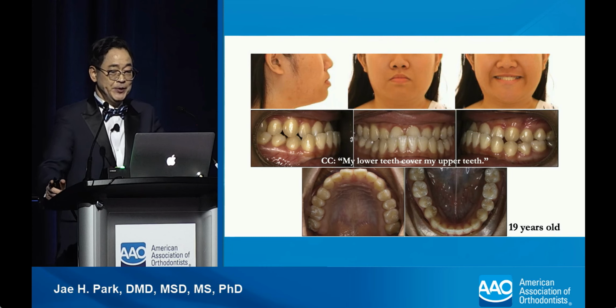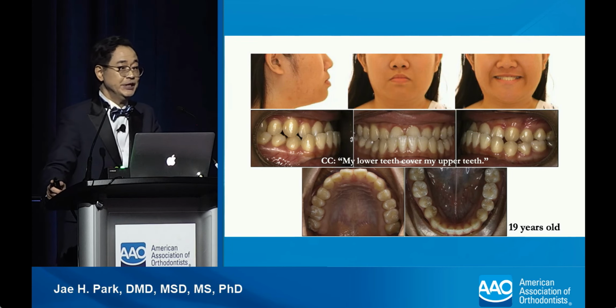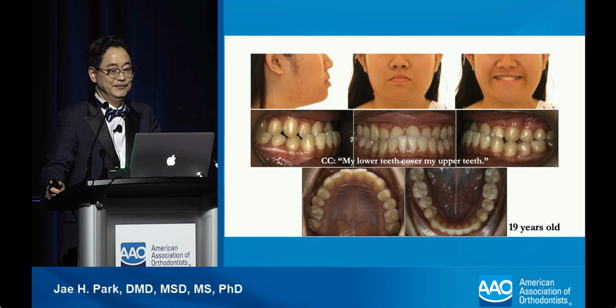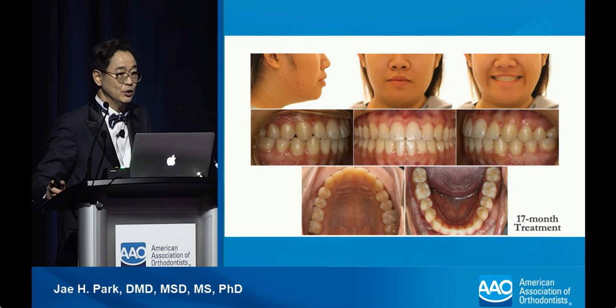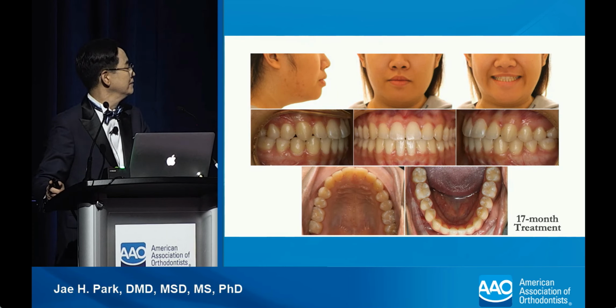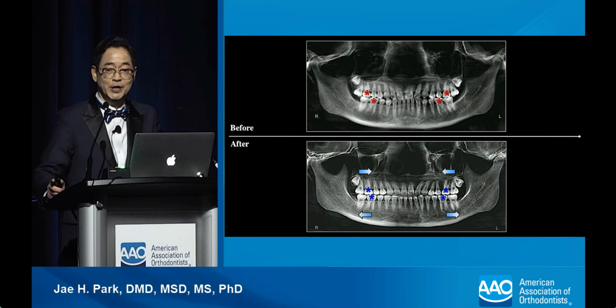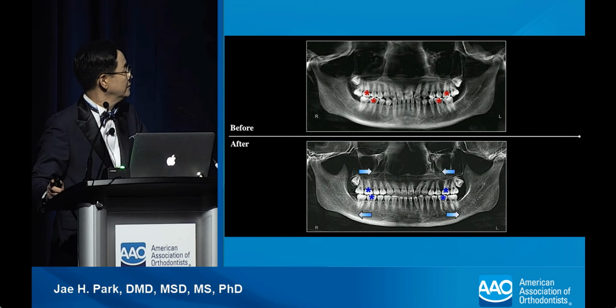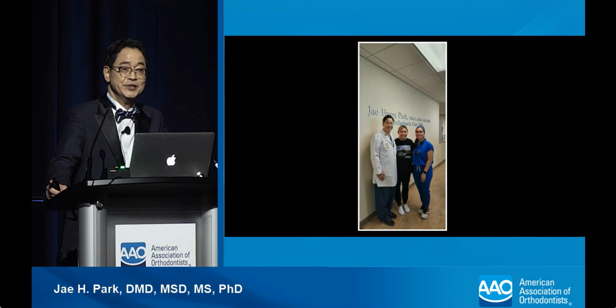This patient shows anterior and posterior crossbite. She had a full class 3 dental relationship on both sides. After 17 months of treatment, without TAS or orthodontic surgery, you can see the forward movement of the upper dentition. She came back to the clinic 6 years later.